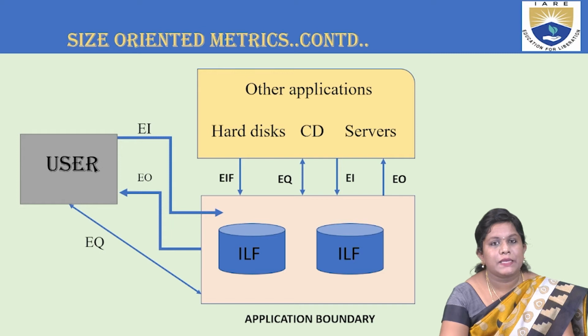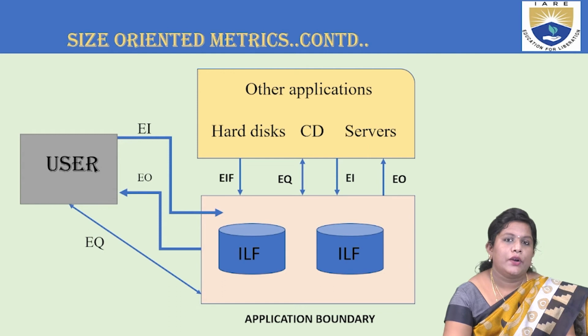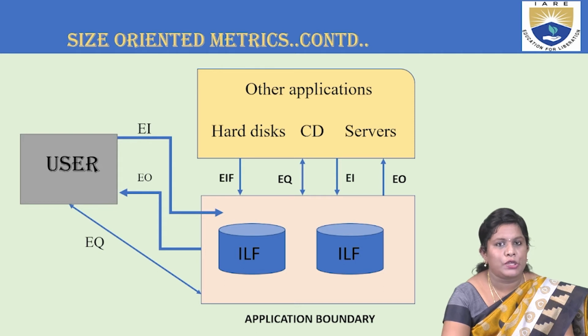And EI, as the name itself says, is input. So it has just one flow, a forward arrow into the application, and EO is the output. It has the outward arrow, from the application to the user. In simple terms, it is like the request and the response that is being generated. Now, ILF stands for internal logical files that are present within an application, within that application boundary.